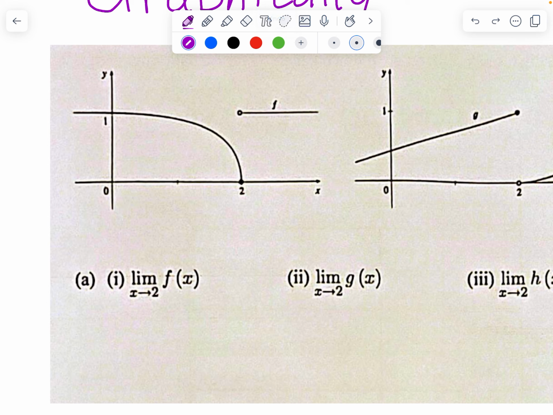Although a point here is an open circle, it is undefined. When it comes to limits, we will still write that value because it is approaching that value even though that value does not exist. So here we have 2 values. When x approaches 2, it could either be 1 or 0. So what should it be? In this case, it would be does not exist because there are 2 values.